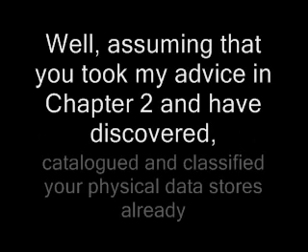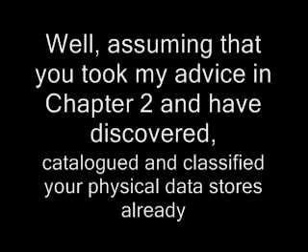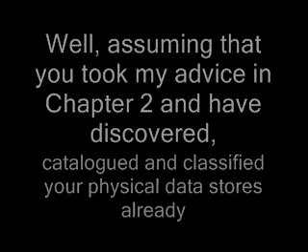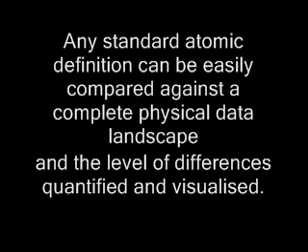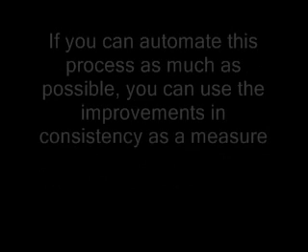So how do we measure this? Well, assuming that you took my advice in chapter 2 and have already discovered, catalogued, classified your physical data stores already, any standard atomic definition can be very easily compared against a complete physical data landscape, and the level of differences quantified and visualized.